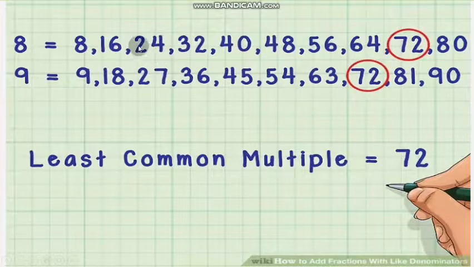The multiples of 9 are 9, 18, 27, 36, 45, 54, 63, 72, 81, 90, and so on. Now, the least common multiple of 8 and 9 is 72.